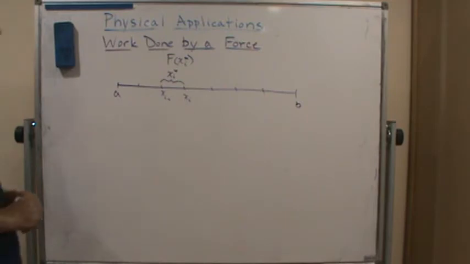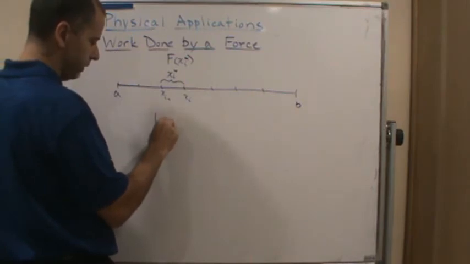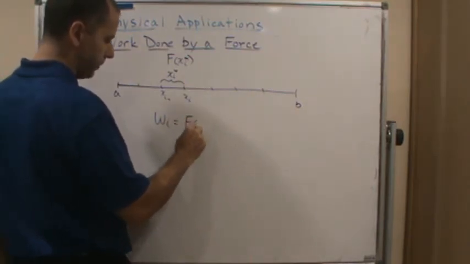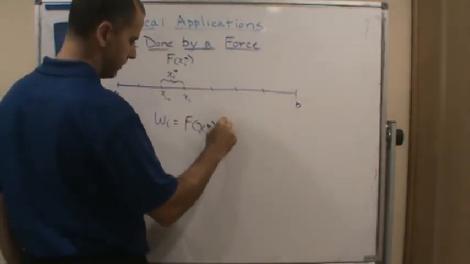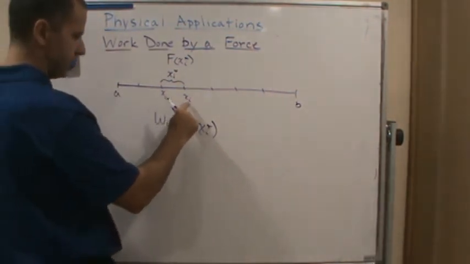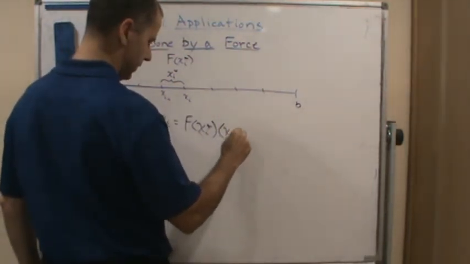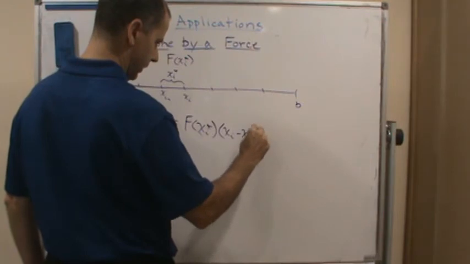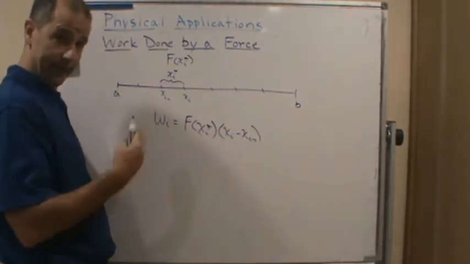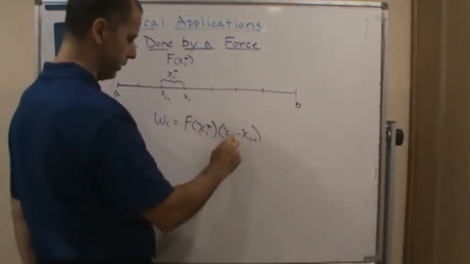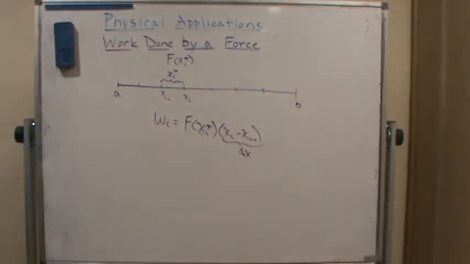Then on this particular subinterval, the amount of work done is f of x sub i star times what? The distance traveled, which in this case is x sub i minus x sub i minus 1. But these are regular subintervals, which means they're the same, so we can just call them all delta x.